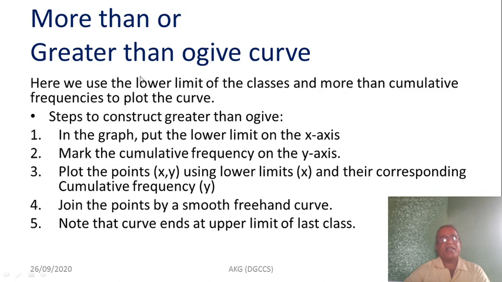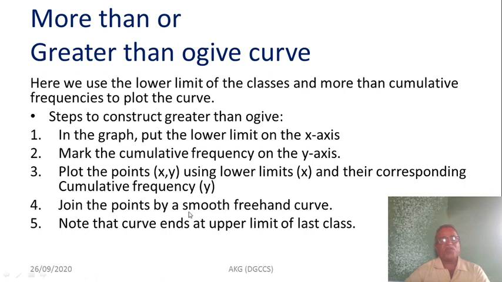Here for greater than ogive curves, plot the lower limit on the x-axis and mark the cumulative frequency, that means greater than cumulative frequency, on the y-axis. इथं हा ग्राफ काढताना एक्स ॲक्सिसवर लोअर लिमिटची व्हॅल्यू पहा आणि वाय ॲक्सिसवर ग्रेटर दॅन क्युम्युलेटिव्ह फ्रिक्वेन्सीची व्हॅल्यू पहा आणि तो जो काय एक्स वाय पॉईंट येईल तो पॉईंट मार्क करा. Plot the points x, y using lower limit and corresponding greater than cumulative frequency y.